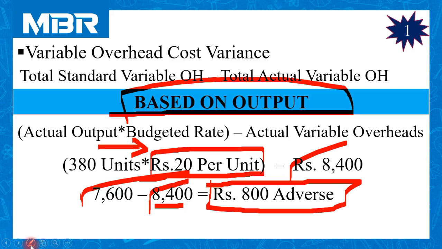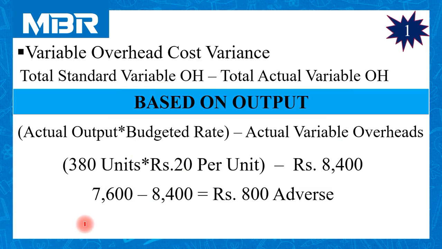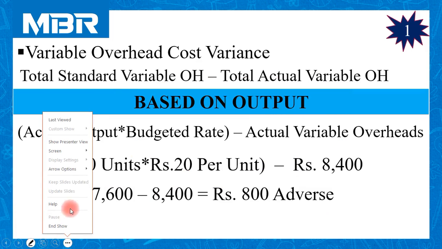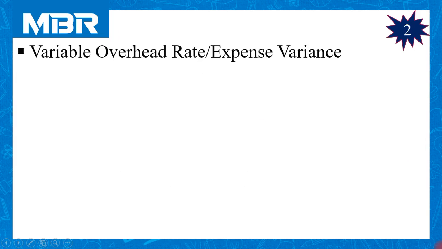Here you can check that earlier in the first method we got the same figure, 800 adverse, and here it is again the same in our calculation. It means we are on the right track as we have completed our calculation with the same difference or same variance in both the methods.